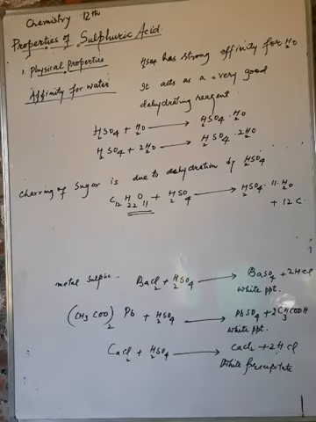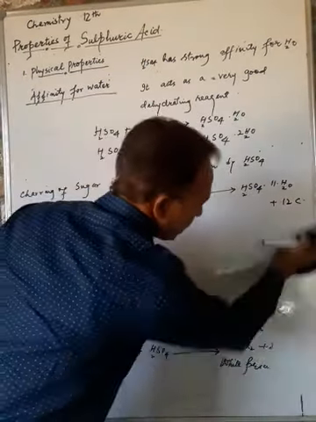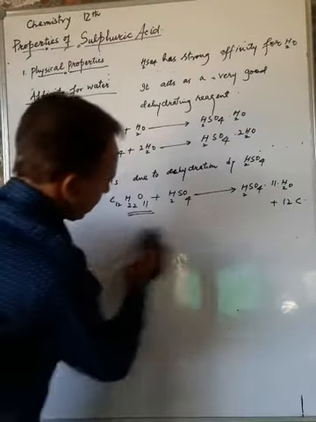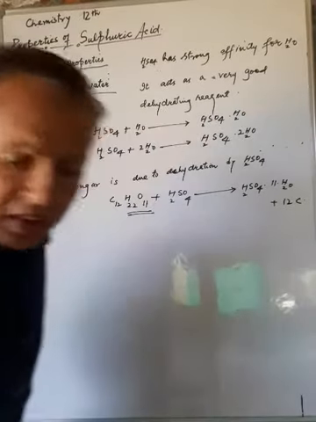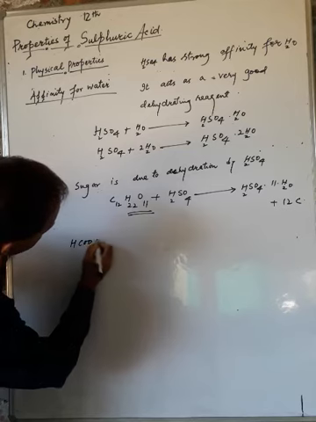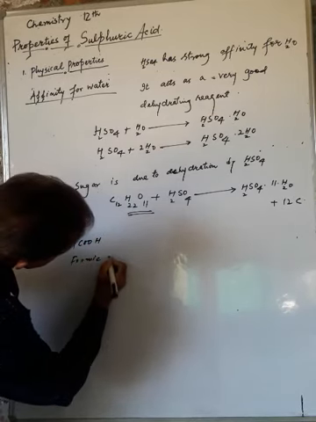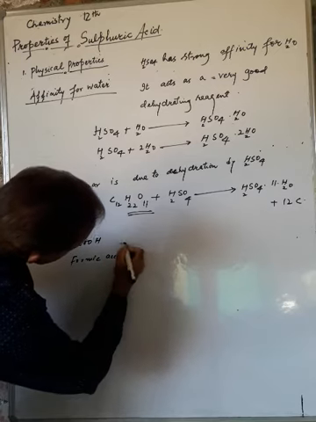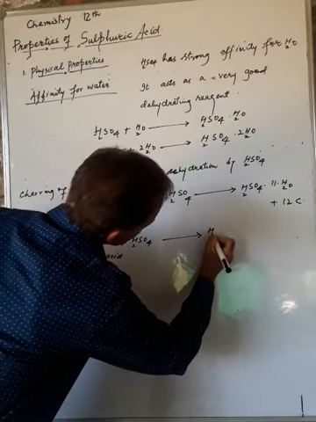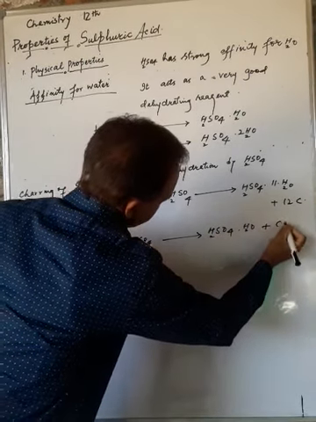If we take oxalic acid or formic acid with sulfuric acid, it forms H2SO4, water plus carbon monoxide.